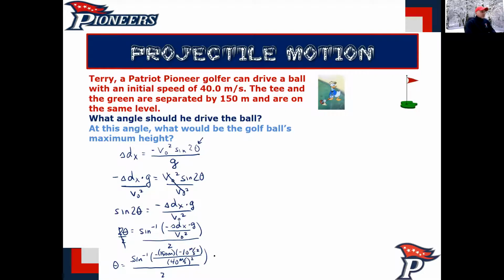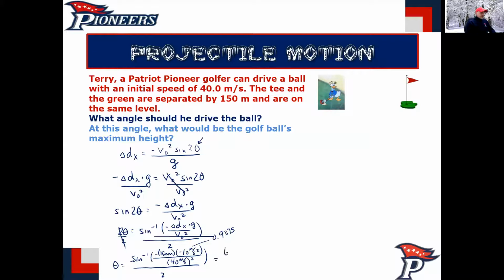So you have 1500, right? 150 times 10 is 1500. 40 squared is 1600. So that's 0.9375, right? So when you do what's in parentheses, I'm getting 0.9375 for all of this. So I need to do the inverse trig function of 0.9375.